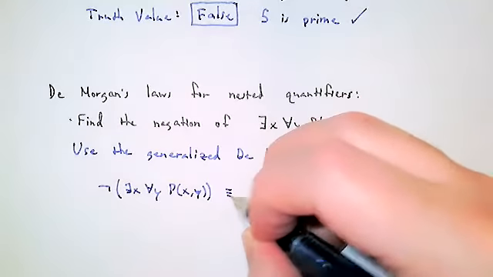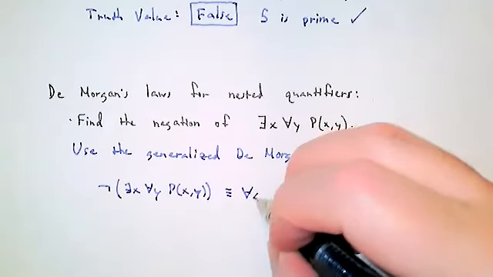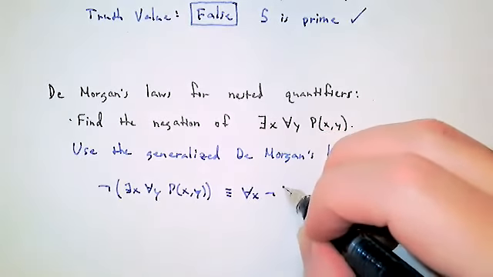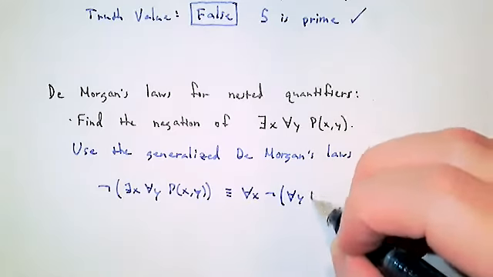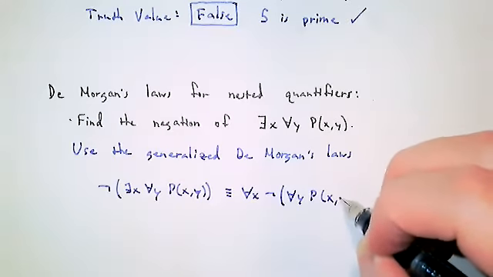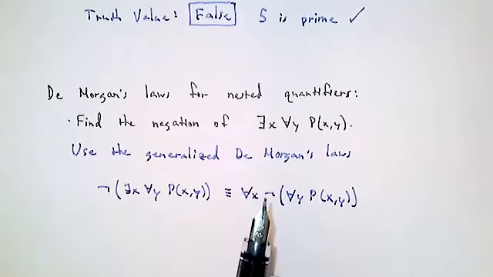So the existential becomes a universal. And then we have this expression. So the negation is moved one step towards the inside.